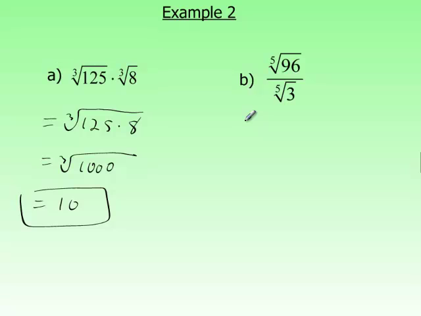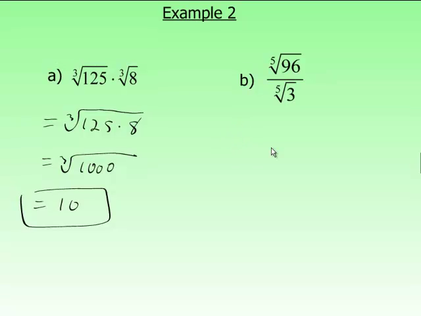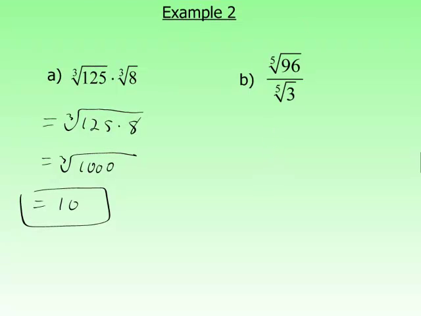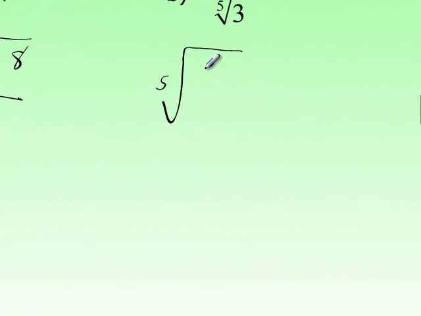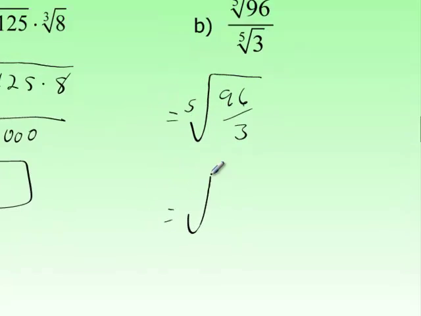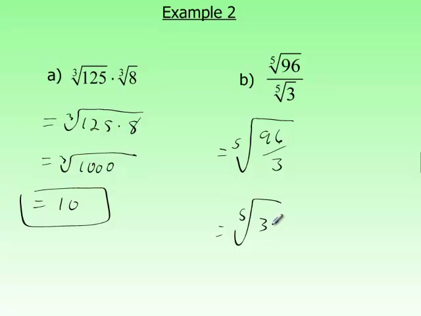So I would simply, since these are both 5th roots, I can write this as the 5th root of 96 divided by 3, which would simplify to the 5th root of 32, and then the 5th root of 32 would just be 2. So that one works out pretty nicely.